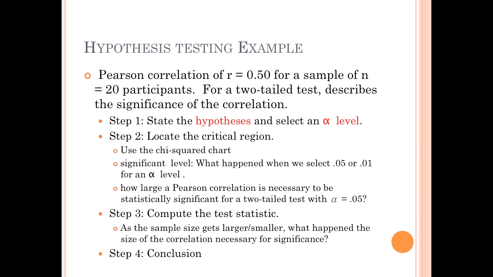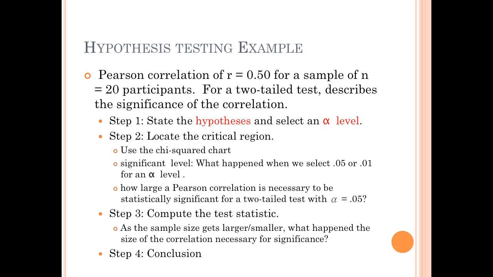So for a Pearson correlation of 0.5, for a sample of 20 participants for a two-tailed test, first you would state the hypothesis, select an alpha level. It's always going to be two-tailed. Locate the critical region. So under step 2, use the chi-squared chart.